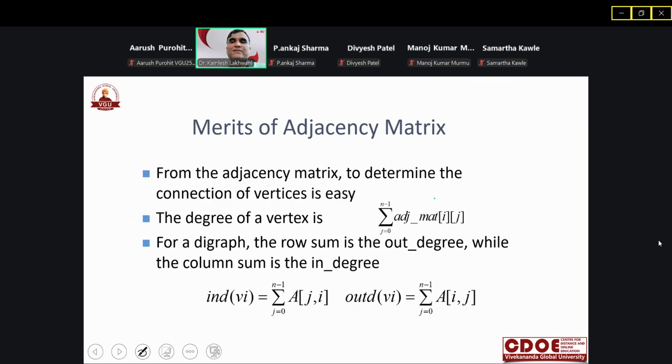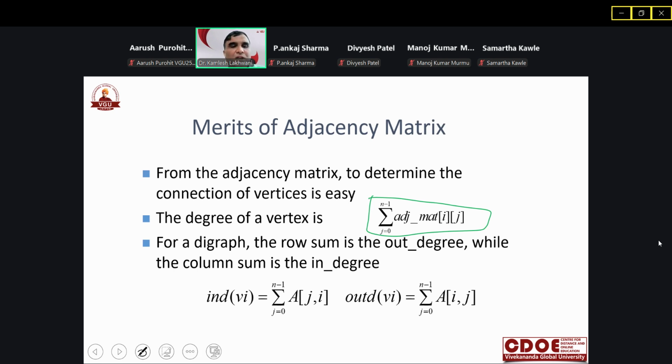The degree of a vertex can be calculated with the help of this formula, where the summation of j goes from 0 to n minus 1, where n is the total number of nodes in the graph, and we can find the sum of all ones, that is the edges available between the vertex vi to vj. So the sum of all edges available between vi to vj will be the degree of that particular node.